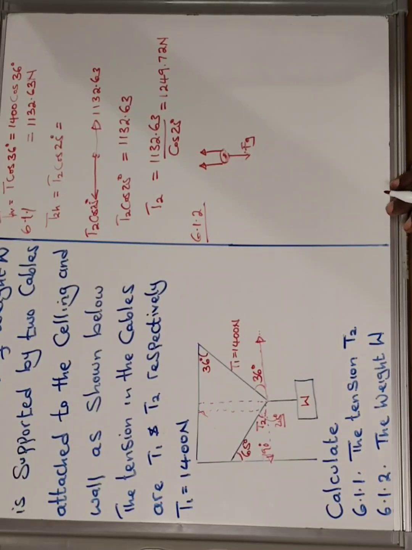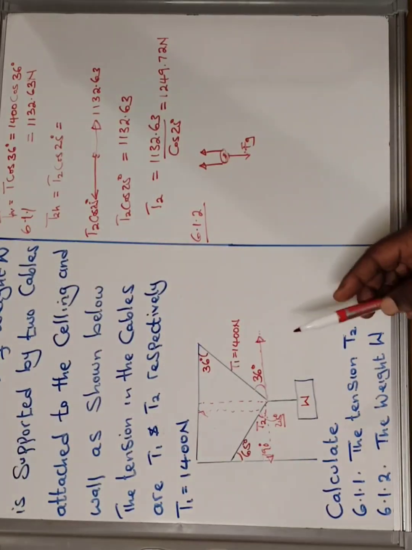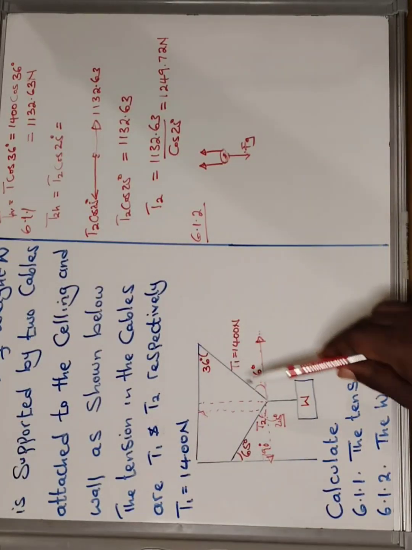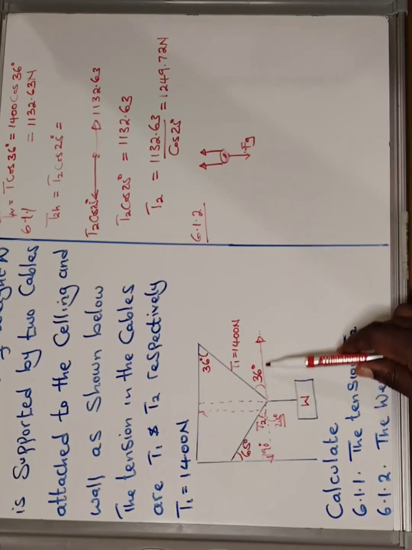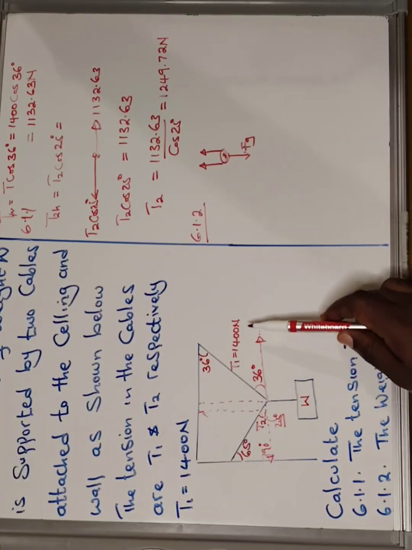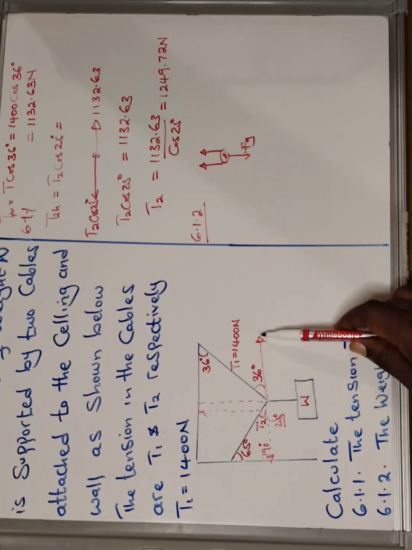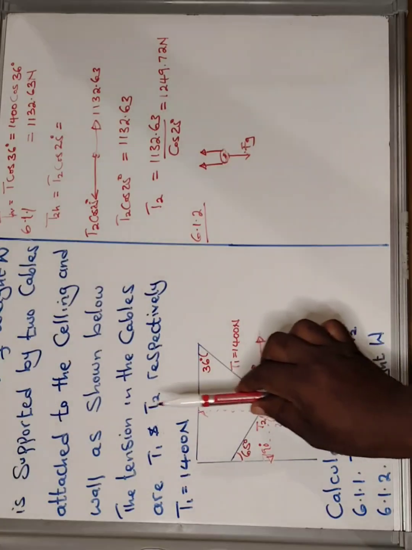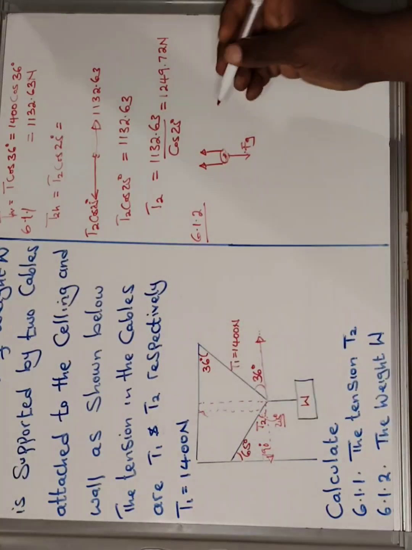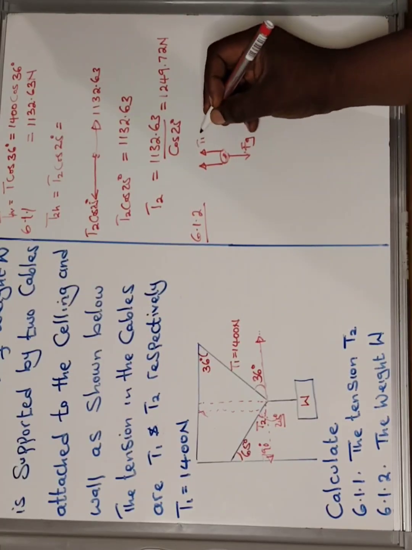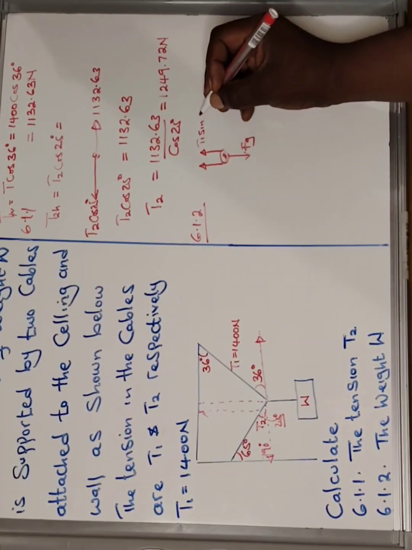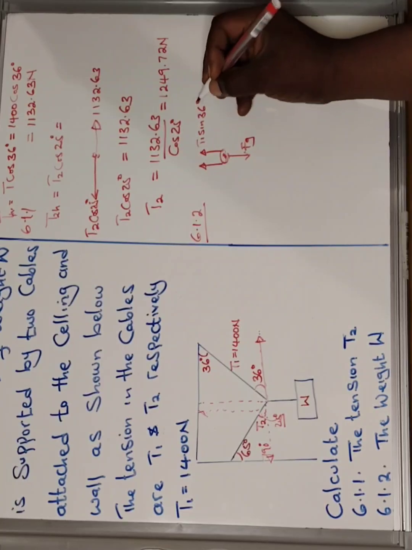And these tensions are known. Let us look at here. Remember we said this is the angle. The angle is what? 36. So if this is a component which is cos, then the vertical component is going to be sine. So for this one, we know it's going to be T1 sine 36 degrees.